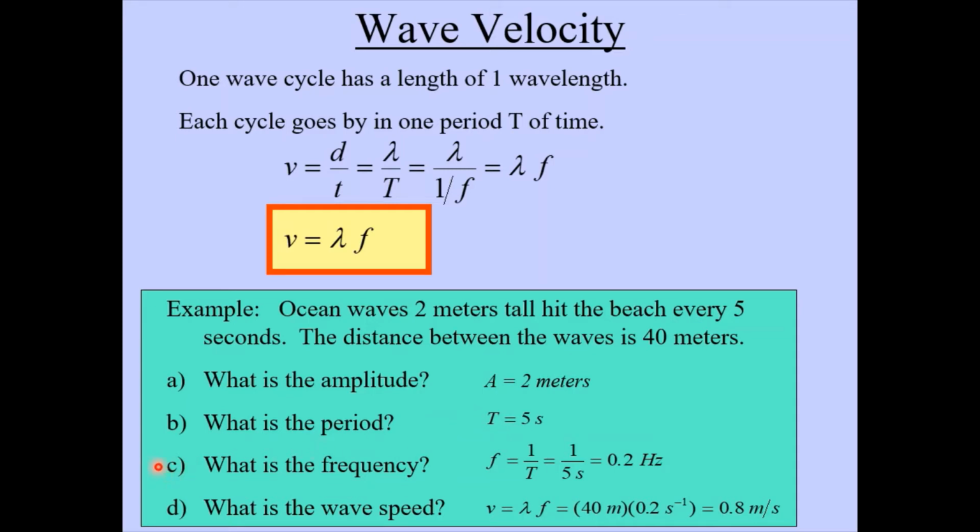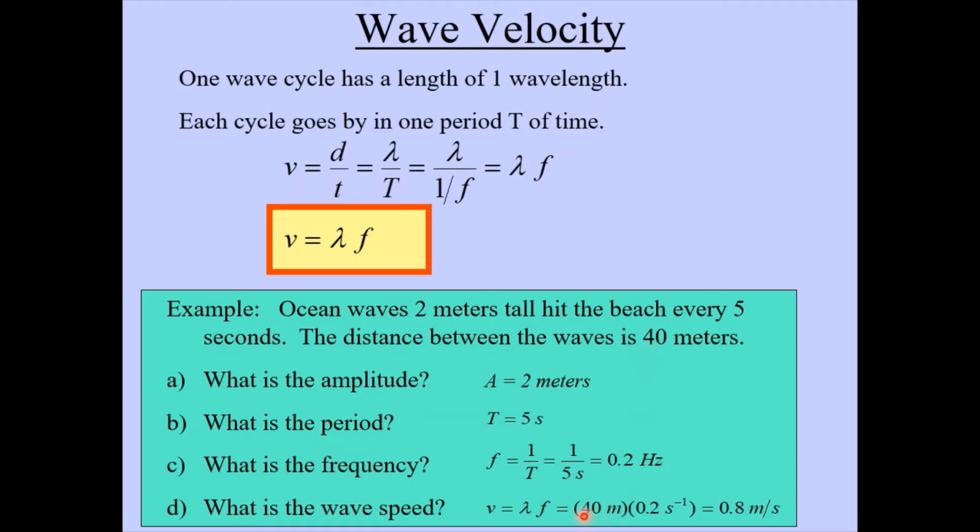What is the frequency? Well, remember the frequency of a wave is equal to 1 over the period. So it's 1 over 5 seconds, which is 0.2 hertz. And finally, what is the wave speed? Well, wave speed, v, is equal to lambda f. So lambda is the wavelength, that's the distance between two peaks of the ocean waves, which is 40 meters.